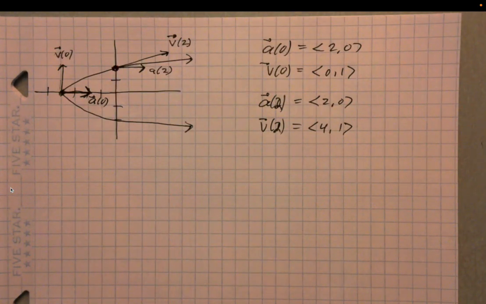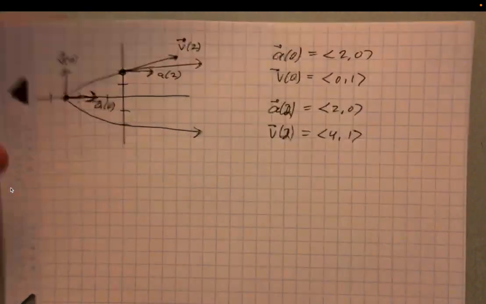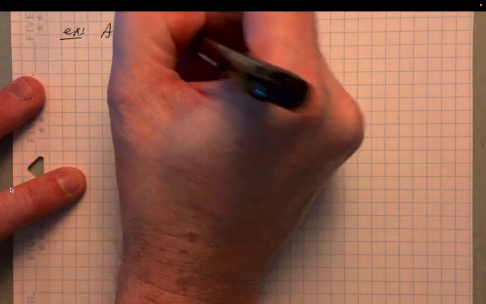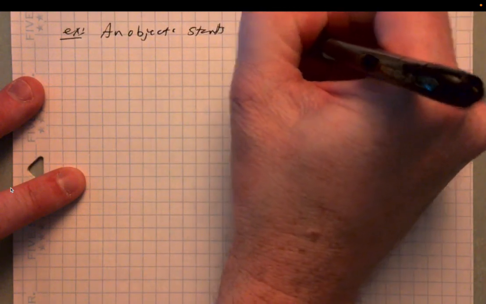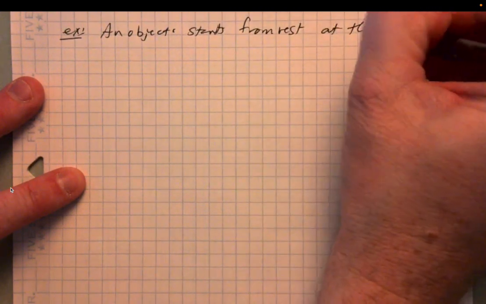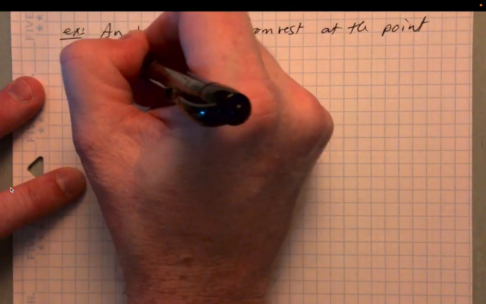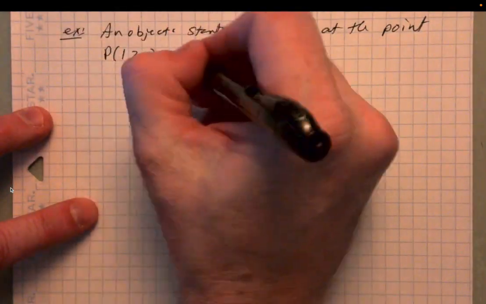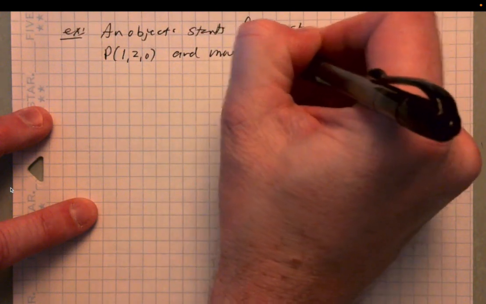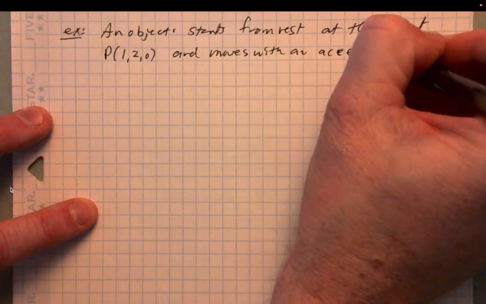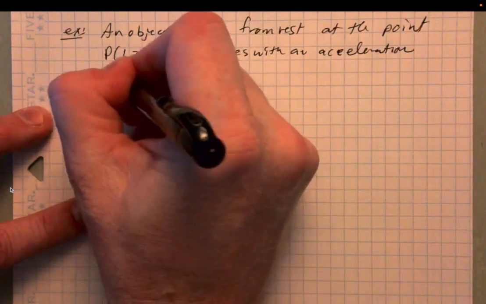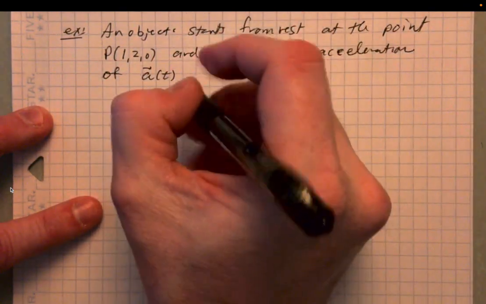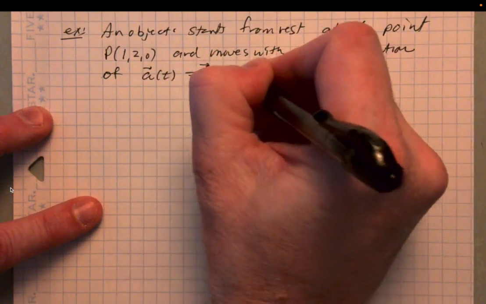Okay, another example, and then we'll shift gears a little bit here. All right, so an object starts from rest at the point P, and this will be a three-dimensional point, so 1, 2, 0, okay, and moves with an acceleration, and here's the acceleration function, it's going to be equal to j plus 2k.